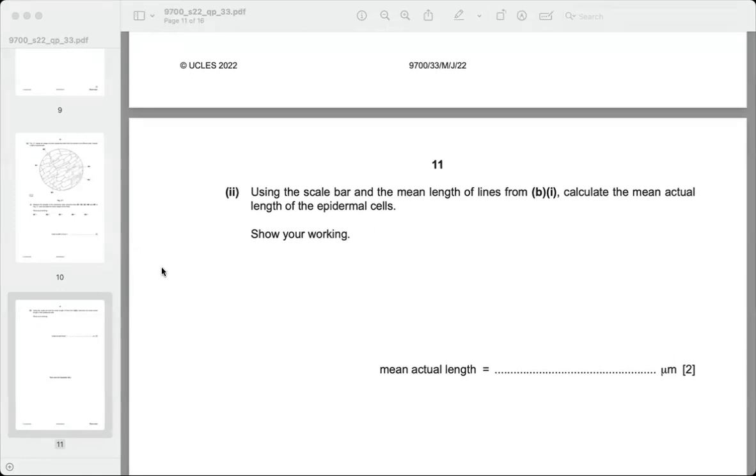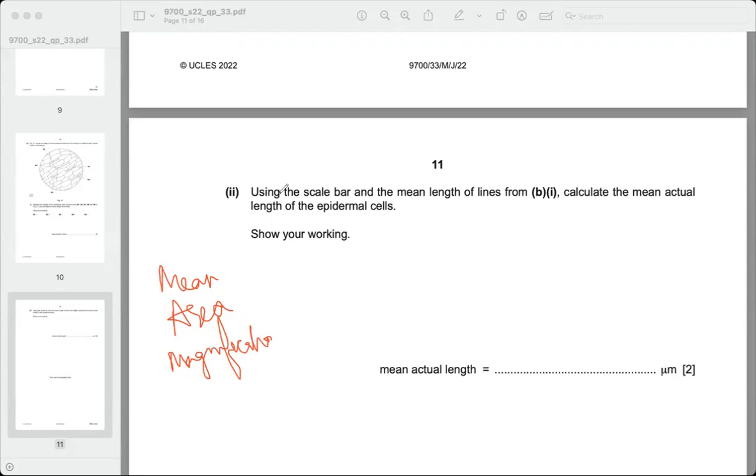So there can be a lot of categories. You can have a mean question, as I mentioned. You can have an area question where they ask you to measure the diameter and the radius. We'll do one type of this question as we move ahead. It can be a direct magnification calculation from the diagram. It can be any one of these.